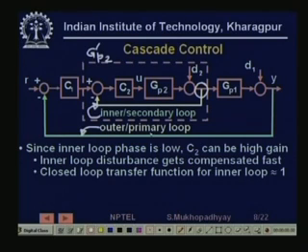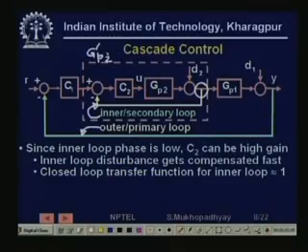Firstly, G dash P2 has much less phase lag. That is always true because closed loop systems have much less phase lag than open loop systems. So if you look at it from an outer loop point of view, in this C1 G dash P2 GP1 combination, the overall phase lag has now reduced.